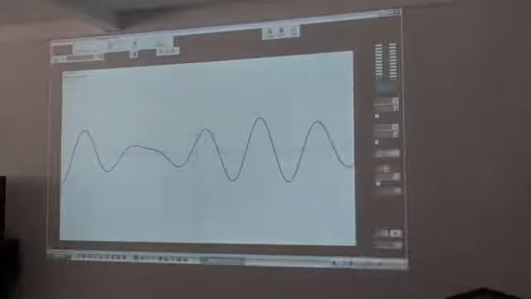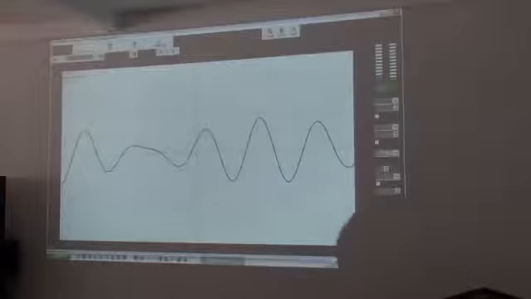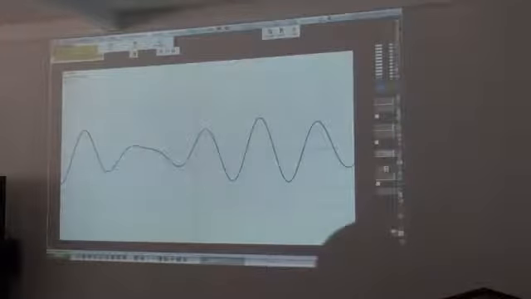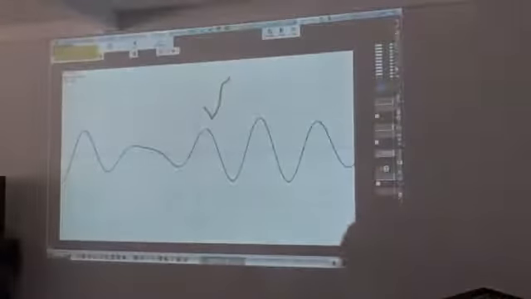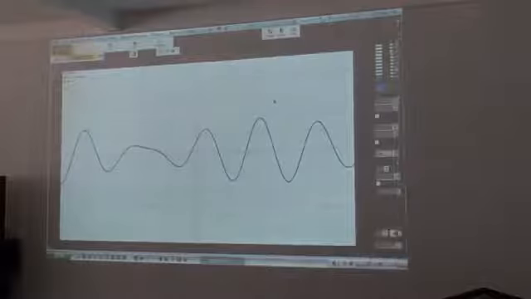This means that we have two frequencies. The oscilloscope also recognized that this is not 111 Hz. So we can say the oscilloscope is good.